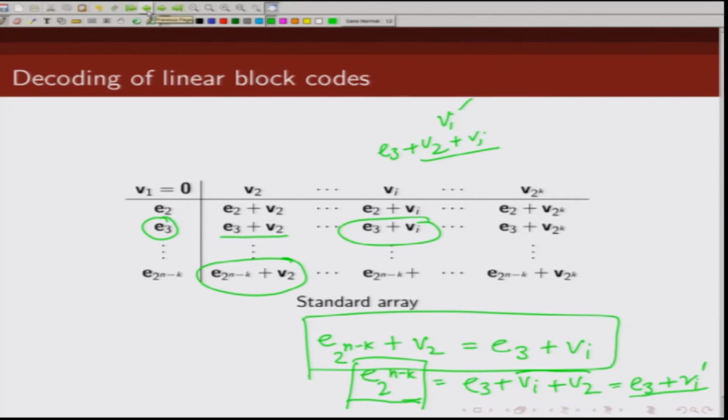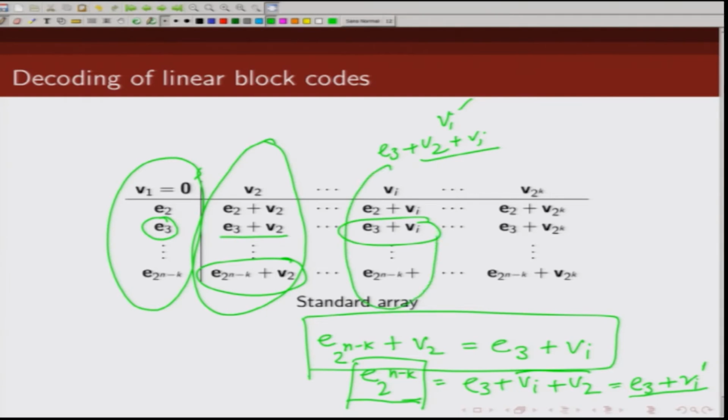You have this whole thing as the total possible 2 raised to n vectors. Now, we have already partitioned them into 2 raised to k different partitions, and these are all distinct partitions. There is no element in here which is common with this element. And if you look at each of these partitions, this partition has the all 0 vector, this partition corresponds to V2, this partition corresponds to Vi, this partition corresponds to V2 raised to k.